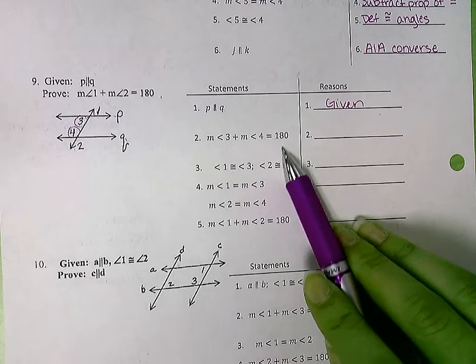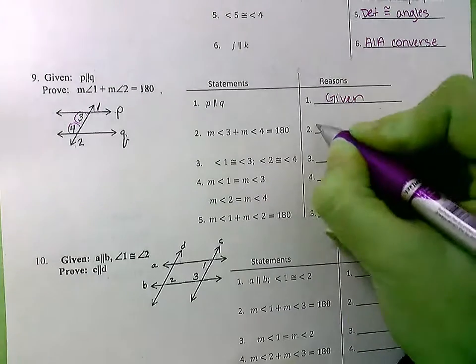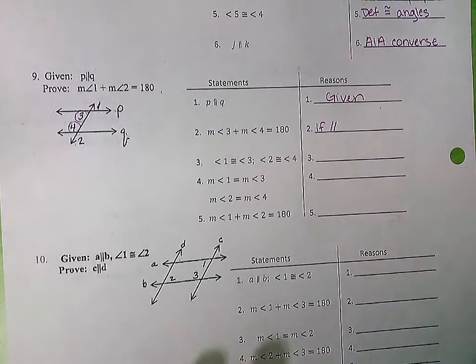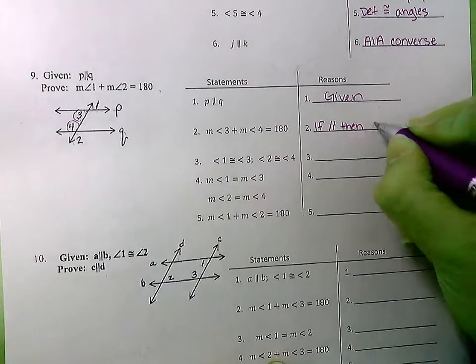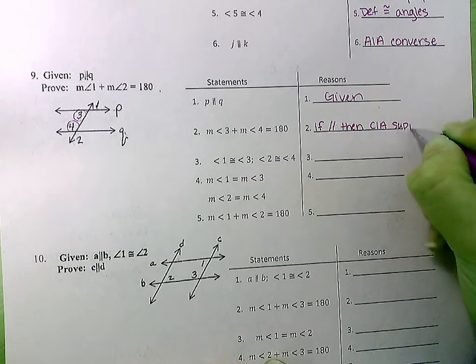Correct. So this is where yesterday I was saying, if you look back at section 3.2, in our note sheet, I went over some of the reasons if you're given lines parallel. For this one, it was if lines are parallel, then your consecutive interior angles are supplementary.